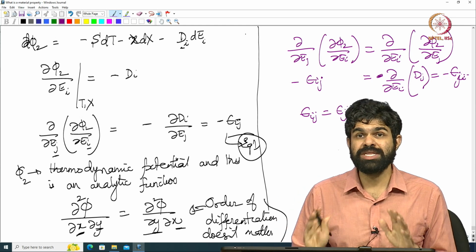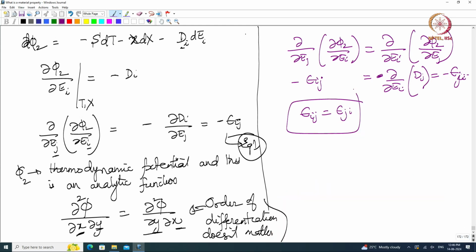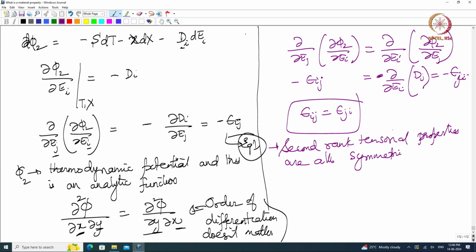I have been using this fact without really proving it, that my second rank tensor properties are all symmetric, right. So, with respect to the equilibrium properties, here is the proof, right.